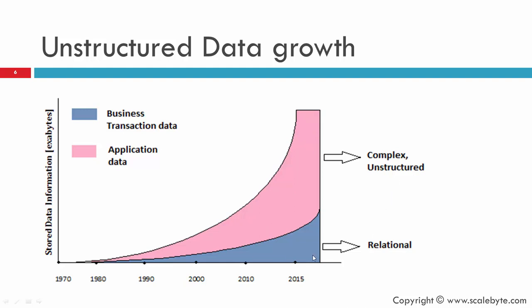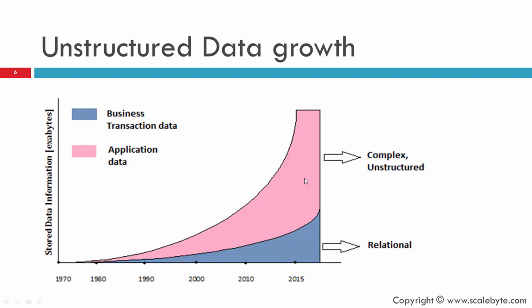The data available as blue is our relational data. Its growth is constant, not exponential. But this complex big data, from various sources like Facebook and Twitter, is huge. So by 2020 we need a lot of storage space and clusters in order to store huge data.